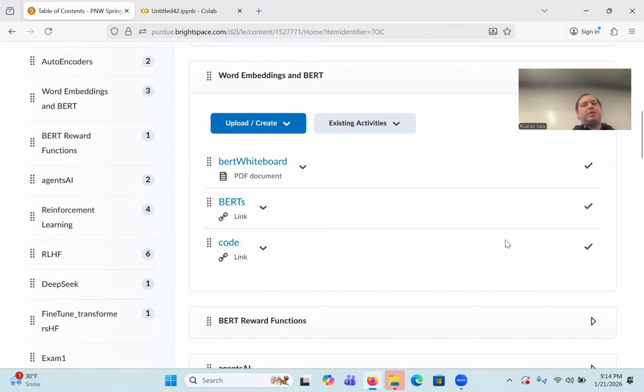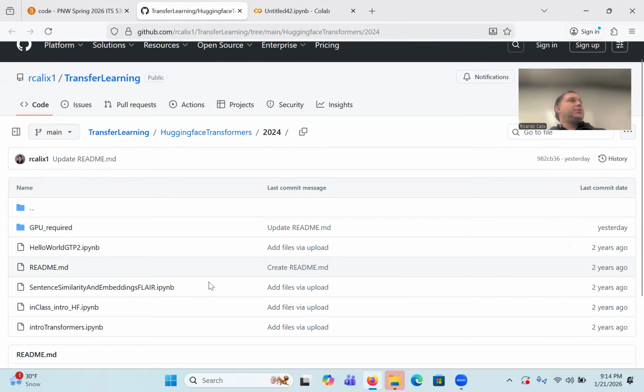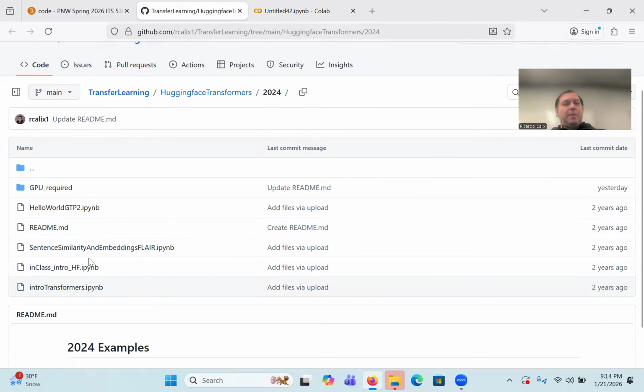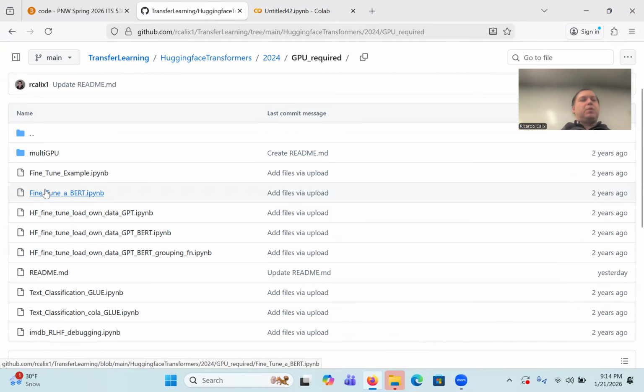I wanted to focus today just on embeddings, kind of the theory of everything, and introduce GPT-2. So I've given you GPT-2 now, which you will be using for your homework assignments. We covered sentence similarity and embeddings, and now we are ready to go into this section, GPU required.